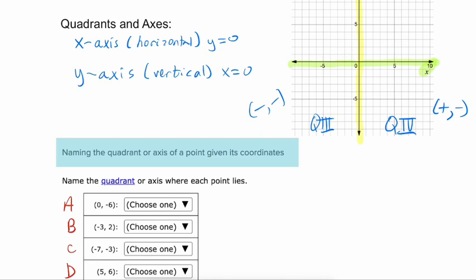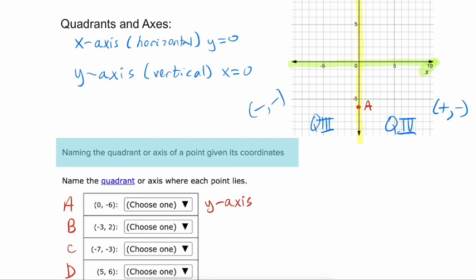We just slide down the y-axis to -6. So when it asks you to name the quadrant or axis where the point lies, this would be y-axis. So it's landing on the y-axis. It wouldn't be in a particular quadrant. Sometimes we call anything that lands on the x or y axis quadrantal. It is a quadrant type point.